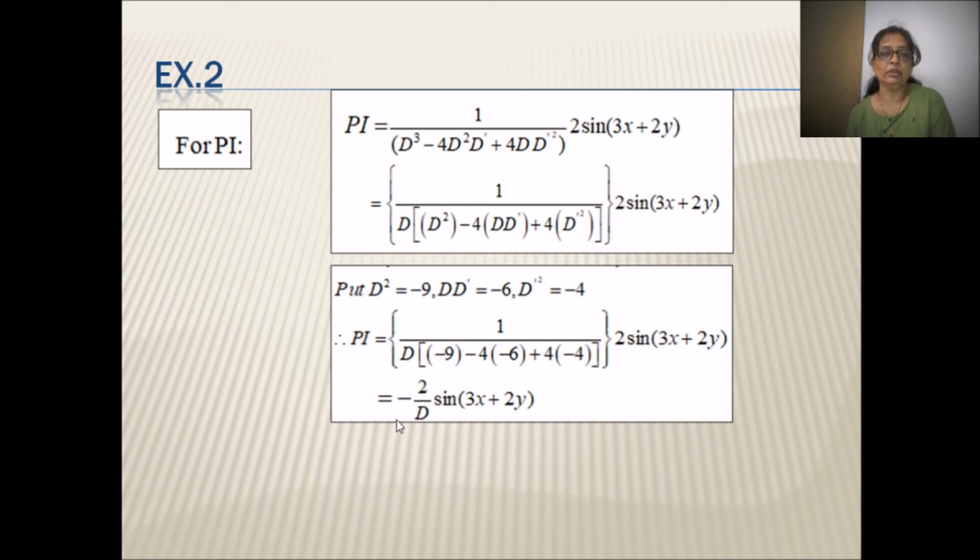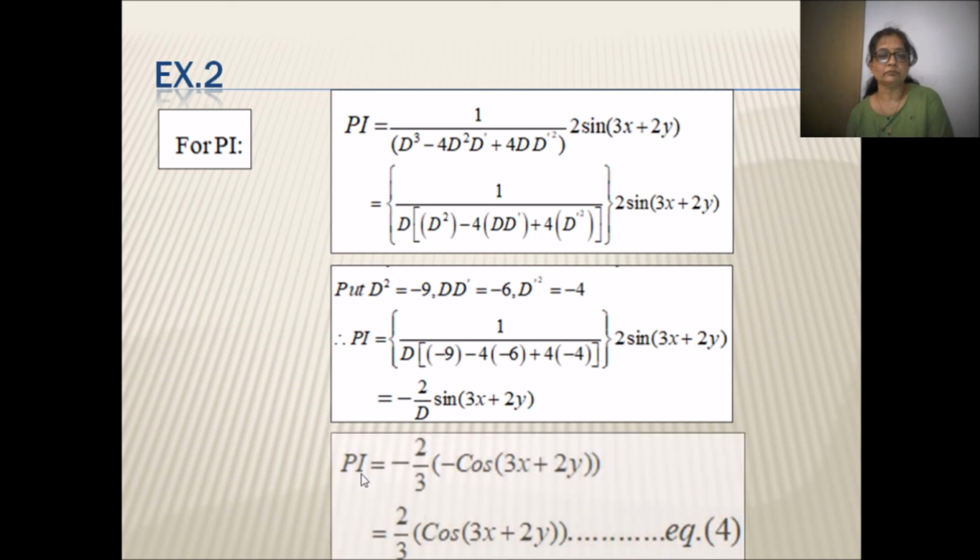Now here it is a D term, therefore we integrate with respect to x. Therefore integrate minus 2 into the integration of sine, which is minus cos(3x plus 2y) upon 3. Then we get here minus minus plus and we get equation number 4.